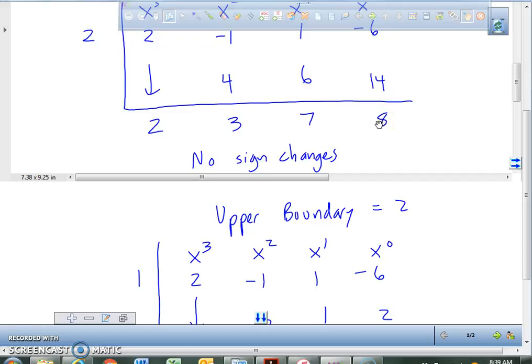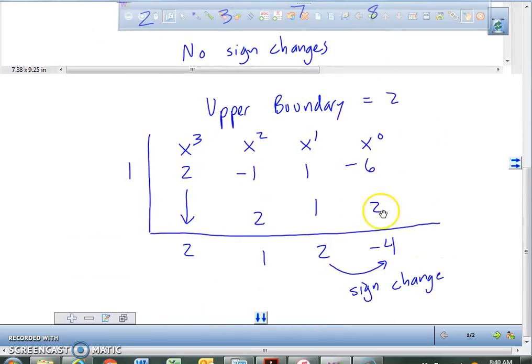So, first thing you got to check, do you have a sign change? Here, we don't, and this number is relatively close to 0. So we're good. Okay? Over here, we can't use the number 1 because even though we're going really well, at the very end, you have a sign change, so that's not going to be your upper boundary. Okay? Now we're going to show you how to find the lower boundary.